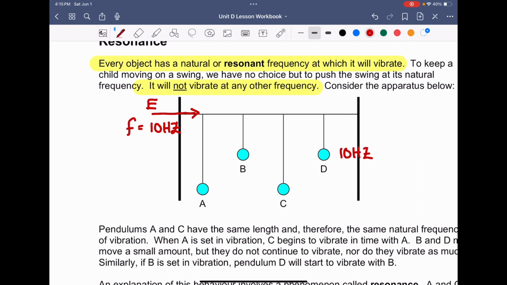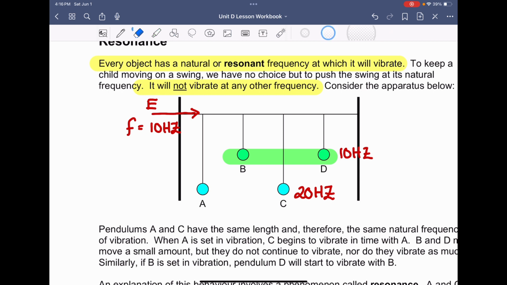And let's say this one has a natural or resonant frequency of 20 hertz, and that's for A and C. Hopefully, correctly, you would say the one that's going to vibrate, given that this line has a frequency of 10 hertz, is B and D, because they match that natural or resonant frequency.